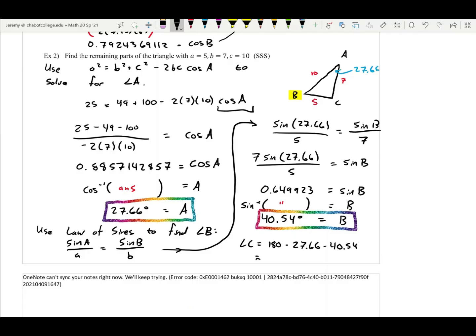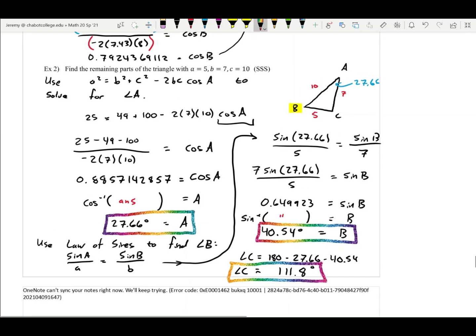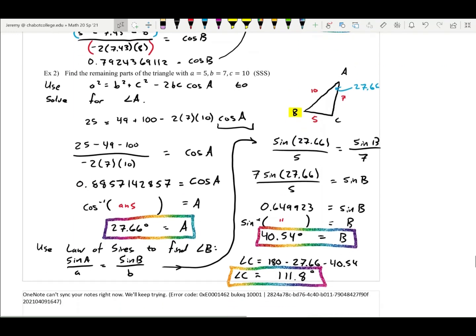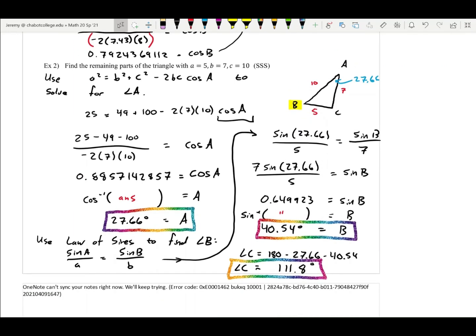And I get this angle, 111.8 degrees. All right, and there it is. I solved for all three of those angles using law of cosines, then law of sines, and then just all of those angles adding up to 180.